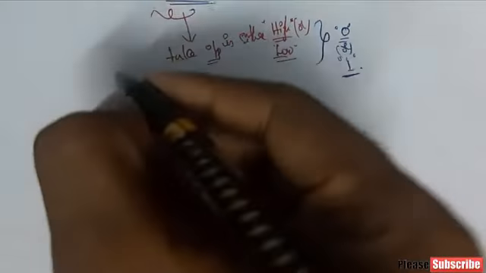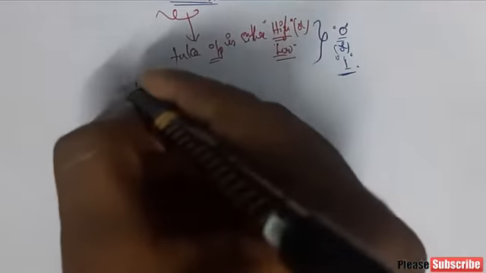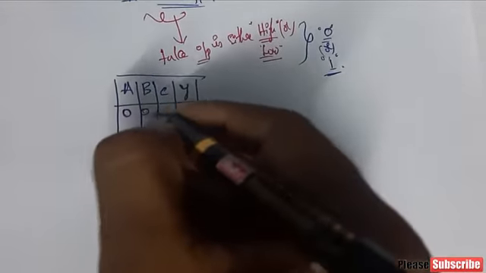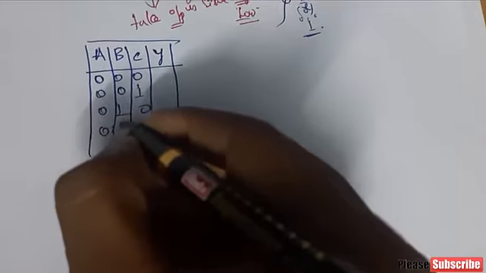Let's see A, B, C, and output Y. The inputs are 000, 001, 010, 011, 100, 101, 110, 111. The output will be 0, 1, 0, 1, 0, 1, don't care, don't care, right?